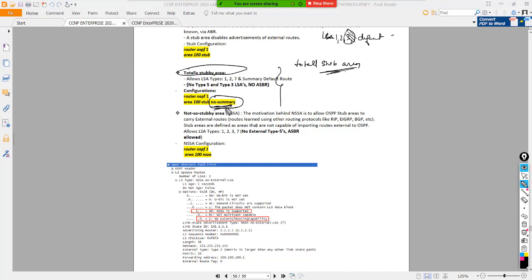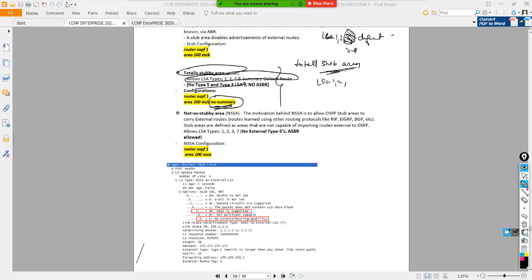The moment you add this, 3 is going to get suppressed. So now you can see only LSA 1 and 2 and there is no LSA 3. Something like this, it's going to allow 1, 2, 7 and the summary. But there will be no 5 and 3.